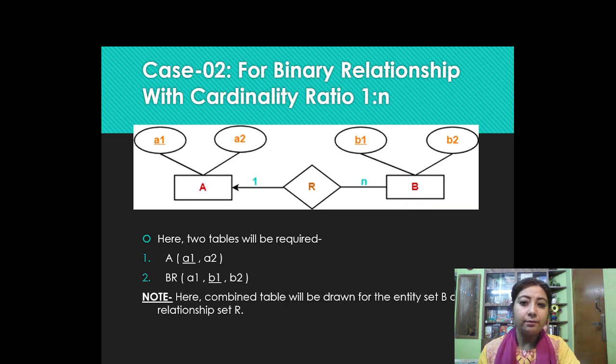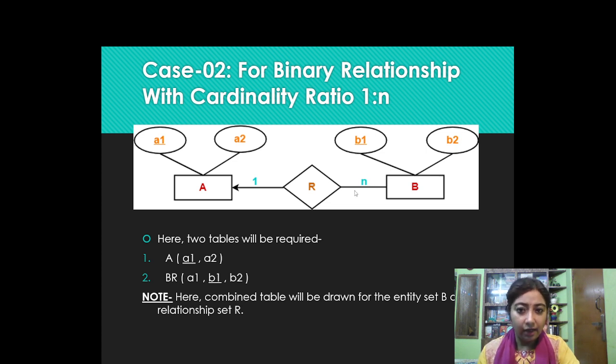Now move to case number 2, which is for 1:n. Same example with A and B, nothing has been changed, only the relationship, that is 1 and n, is changed. This is the cardinality ratio 1:n.